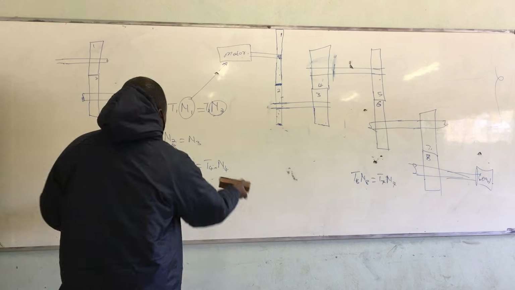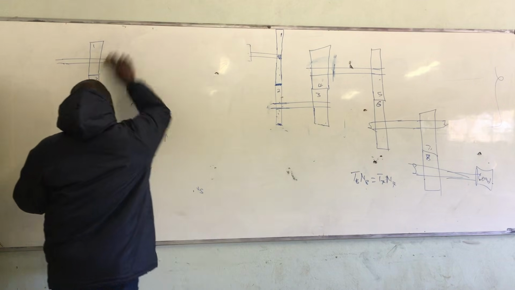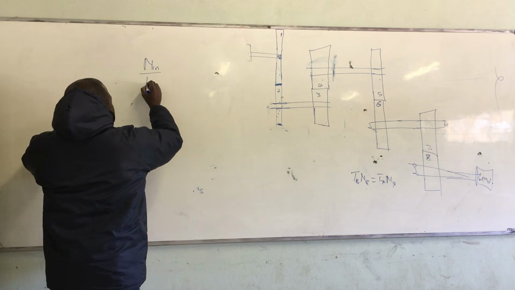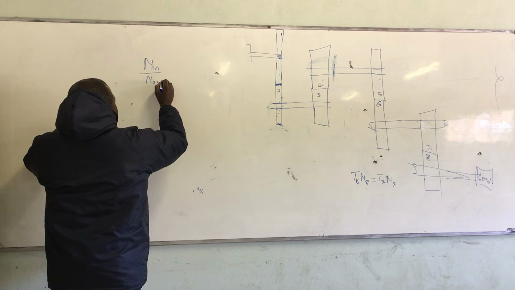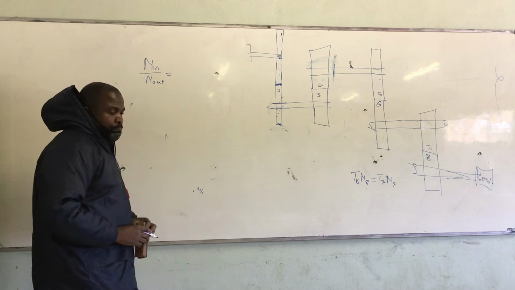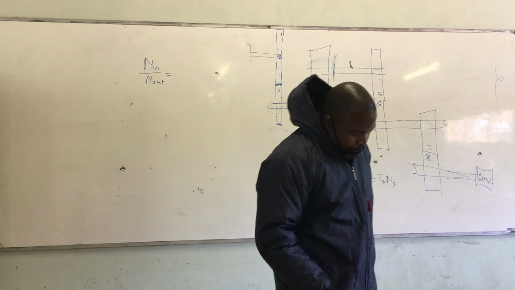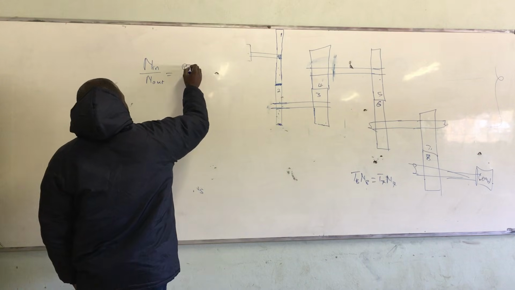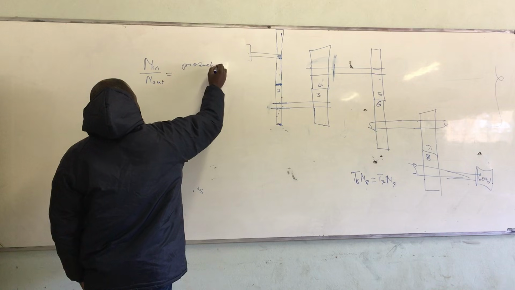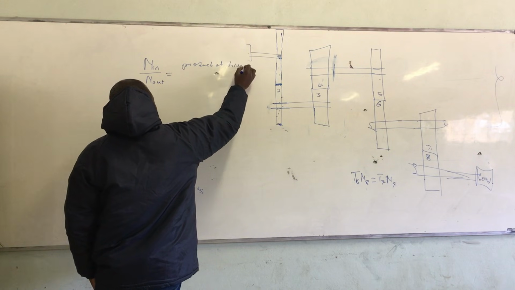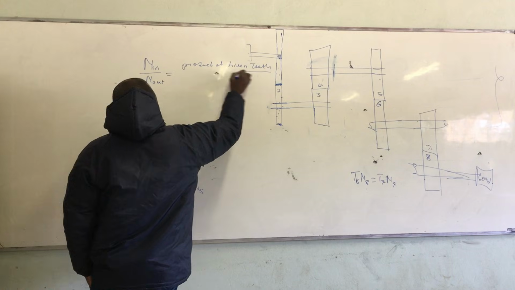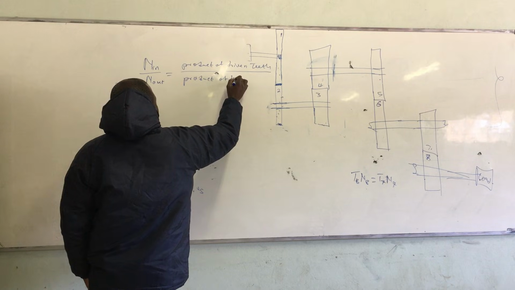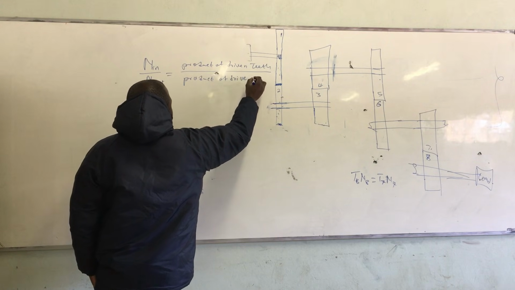It also takes time. But there's also a formula whereby the input speed N in over N out is equal to the product of the driven teeth over the product of the driving teeth.